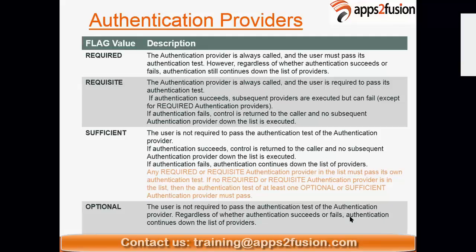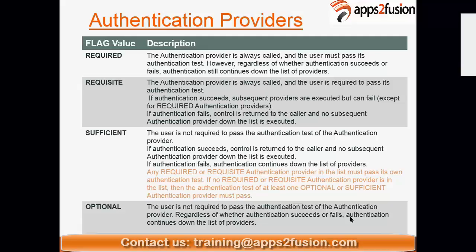It is the must one. If the authentication succeeds, it will go to the next level. It does not matter if the authentication succeeds or fails, it will come first, of course. After this, it will go to the next provider in the list.